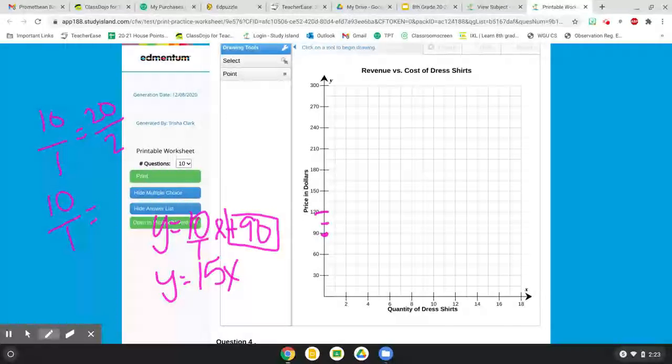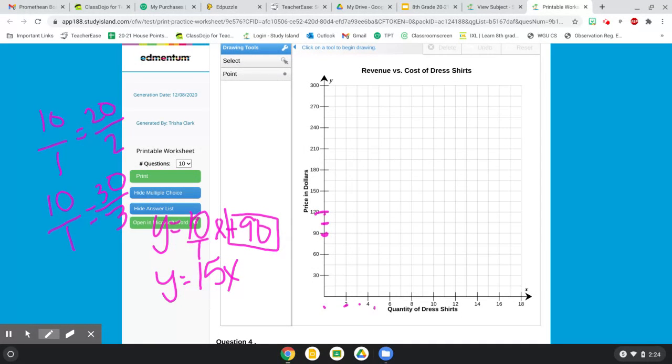Then I could go up by 3: 30 over 3, multiplying each by 3. This is going up by 30, 90 to 120 is 30, and I can go by 3s on my x-axis down here.